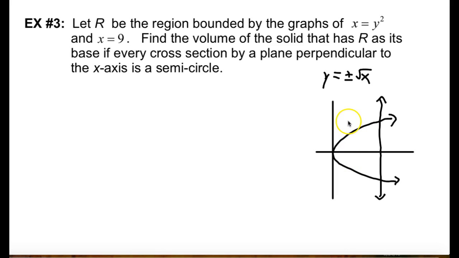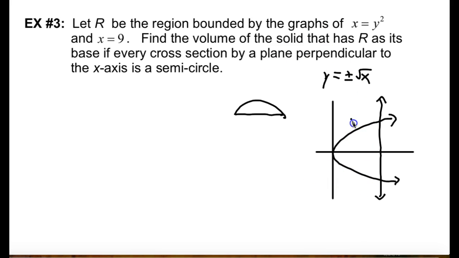And then I'm told that every cross-section perpendicular to the x-axis is a semicircle. So we want to find a formula for the area of this semicircle. So let me sketch out my semicircle. Now, the distance between the top and the bottom here, well, the distance from here to here would be the square root of x, and the distance from here to here would also be the square root of x, right?